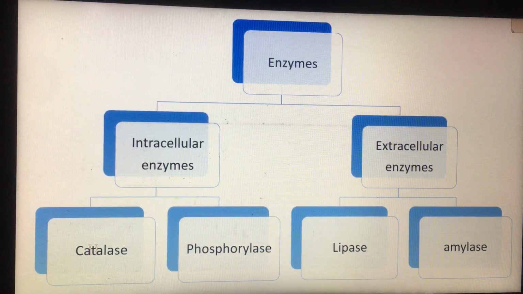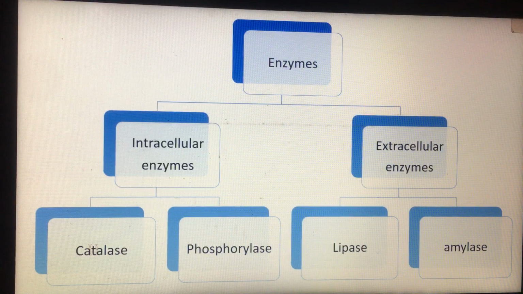Lipase breaks down fats to fatty acids and glycerol. And the second one, amylase, converts starch to maltose during germination.